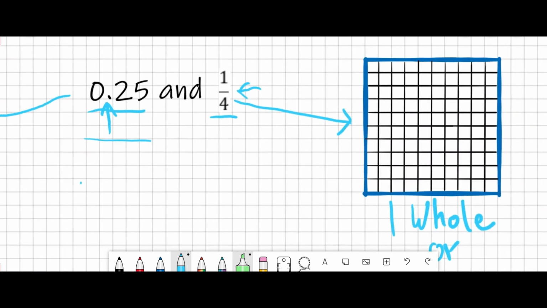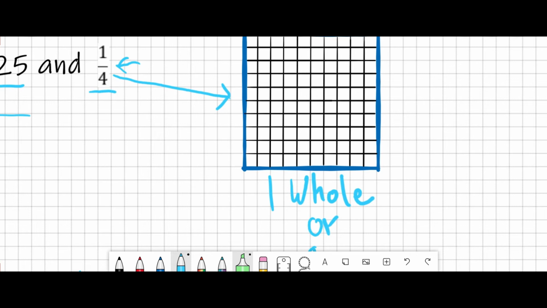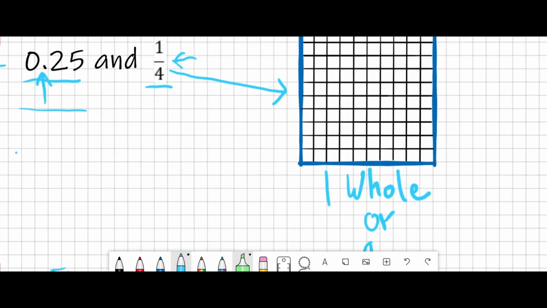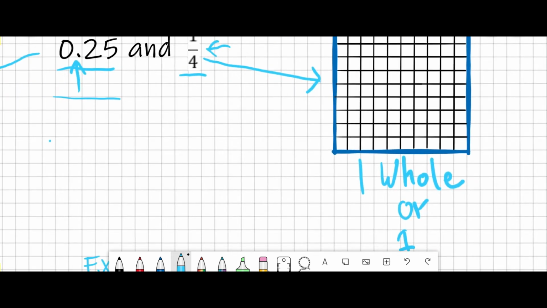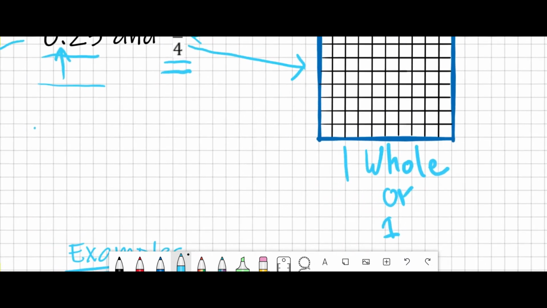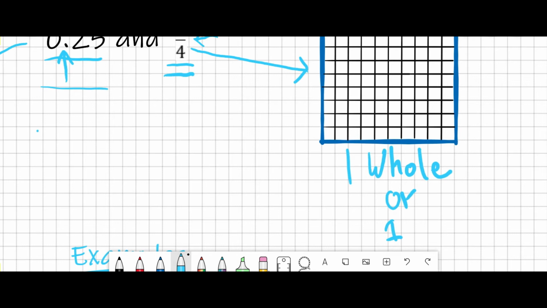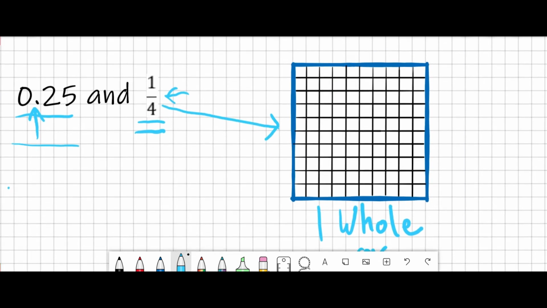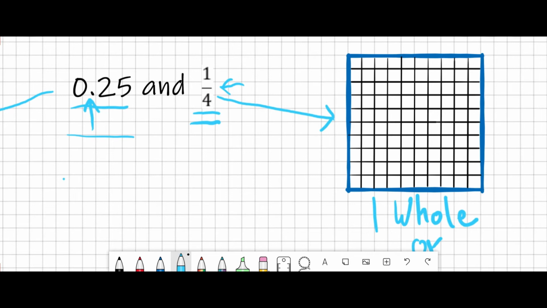Now let's do that exact same thing on this square. Here we're working with 1/4. To find out how many squares we need to color in, since this whole square represents one whole and there are 100 little squares in it, instead of 1/4, we do 100/4.